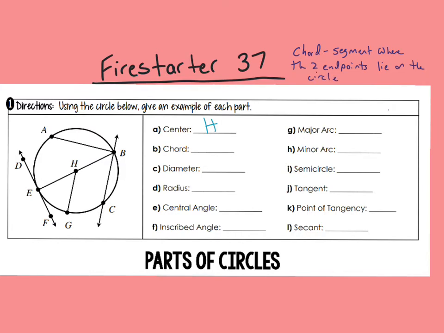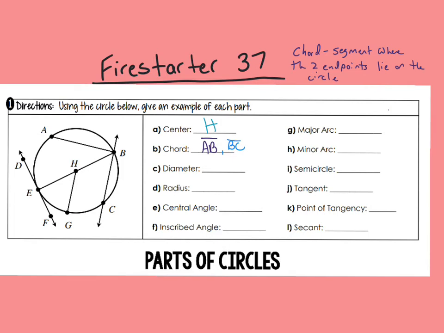So a good example that I'm going to use, and the one they want you to think about, is AB. So remember when we draw a segment, it's two capital letters. Because we're talking about a segment, I put the bar on top. Now, in theory, I actually could write BC as long as I put the segment bar on top, as long as I'm not talking about the line BC.